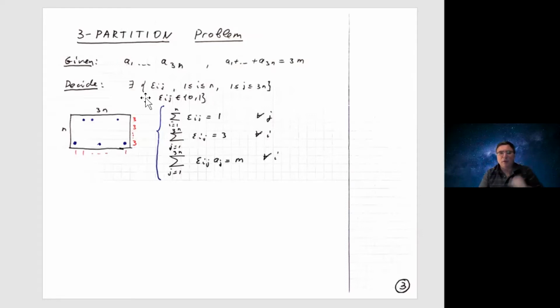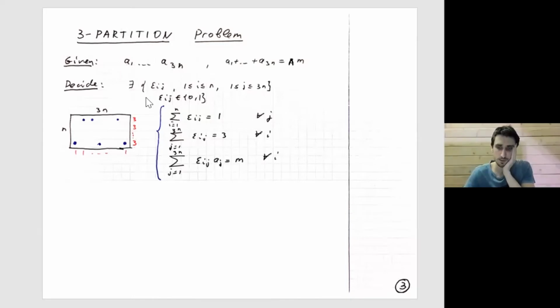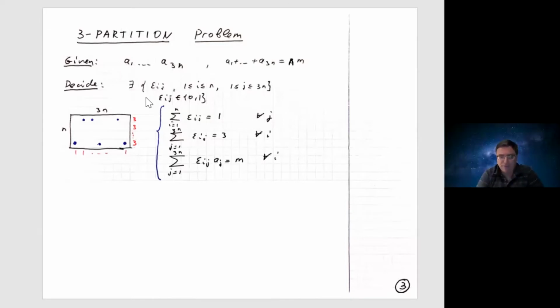Are these numbers integers or not? Everything is an integer, and the total is n times m.